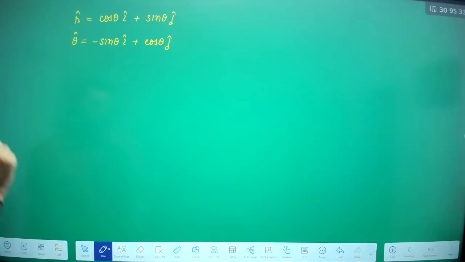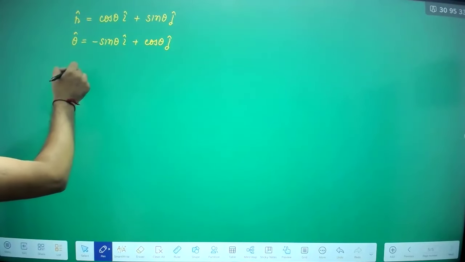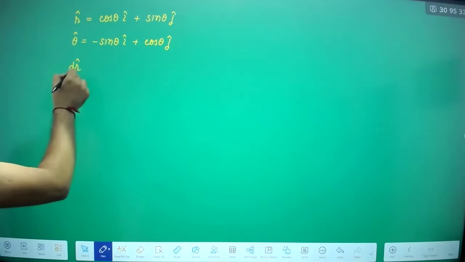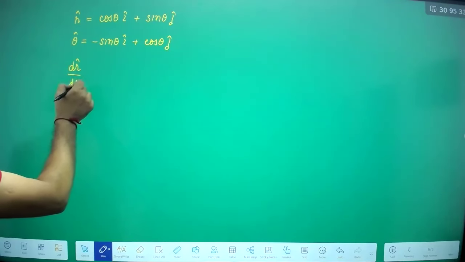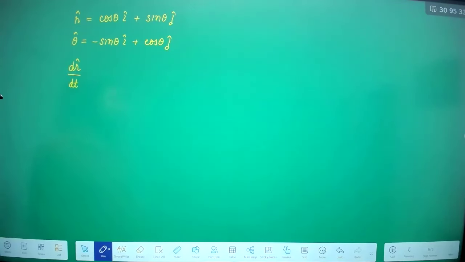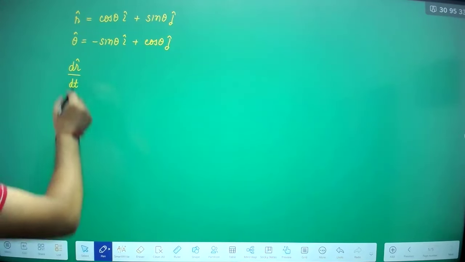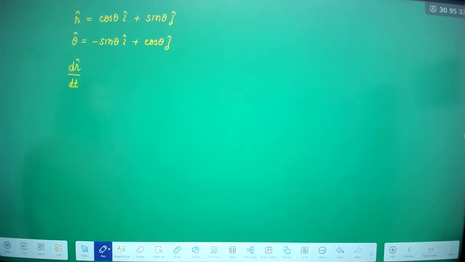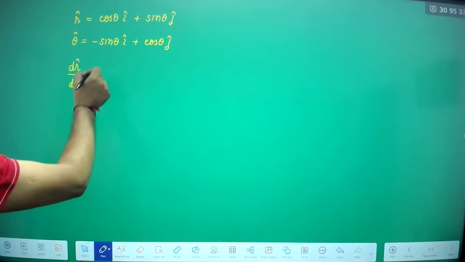It is like this. Now what will be dr cap by dt? What will be dr cap by dt? We are saying they are not constant vectors, so we should be able to find out dr cap by dt. What will it be? So here it is.